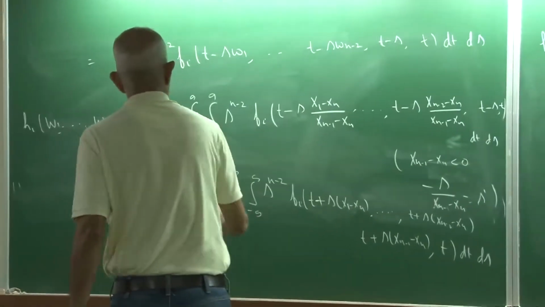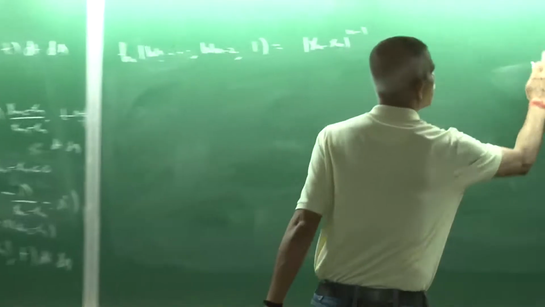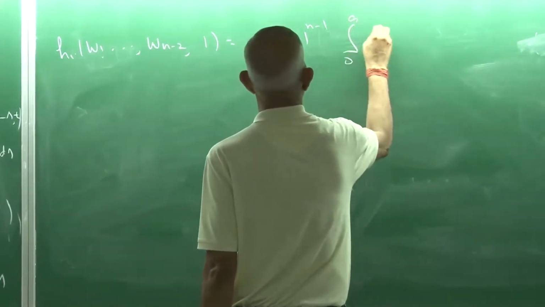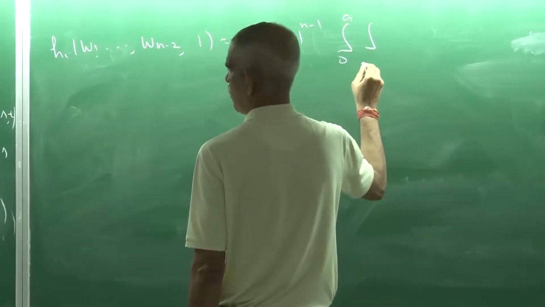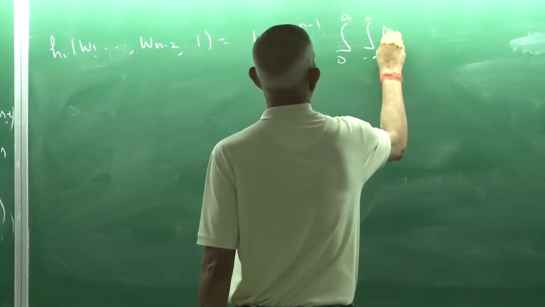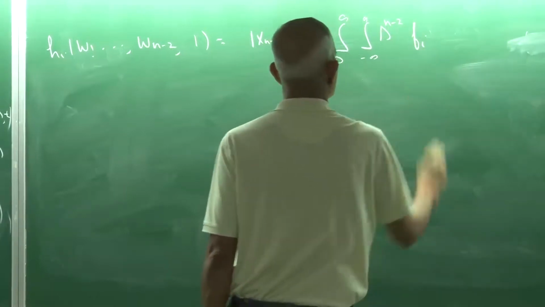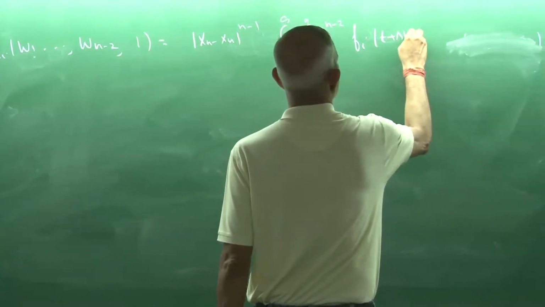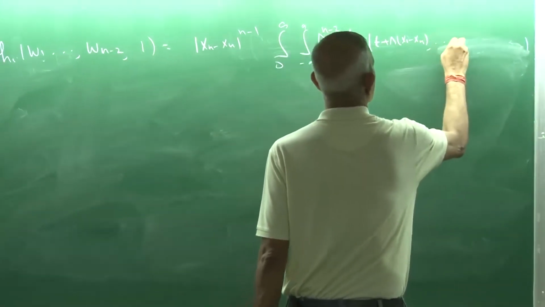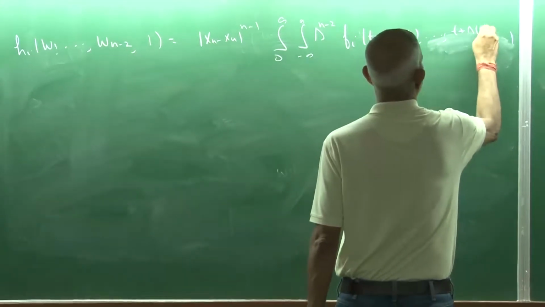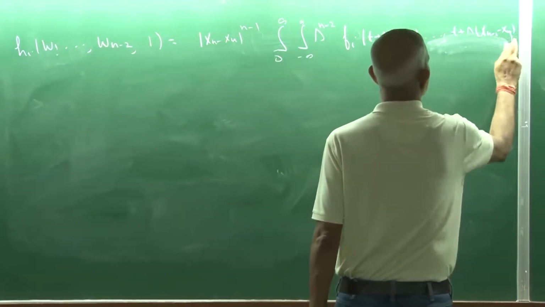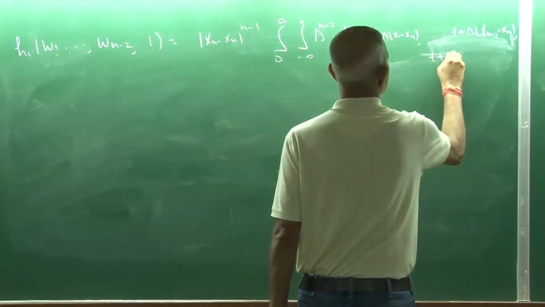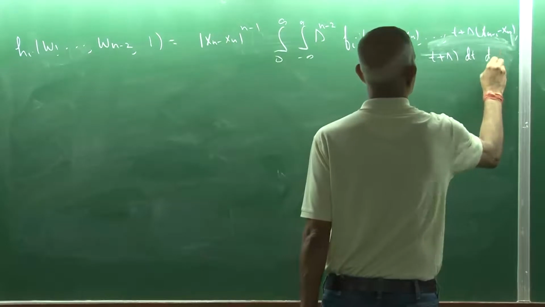Because 1 would come from Jacobian. 0 to infinity, minus infinity to infinity, s to power n minus 2, phi of t plus s times x1 minus xn, t plus s times xn minus 1 minus xn, comma t plus s, dt ds.